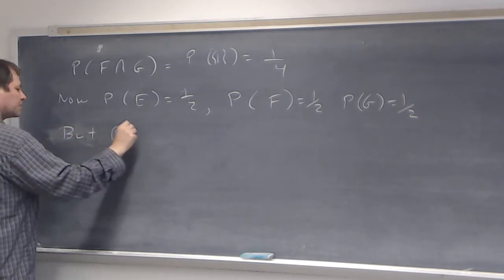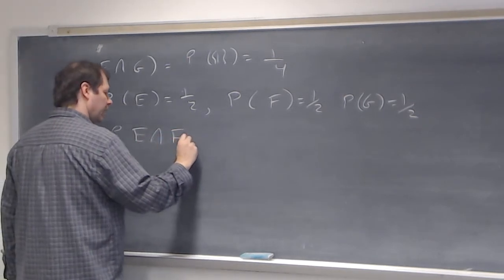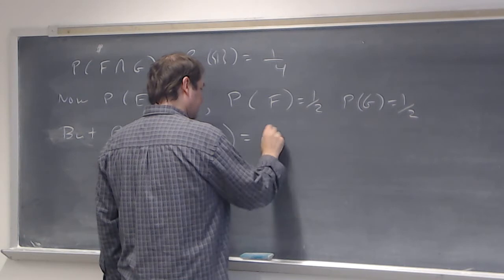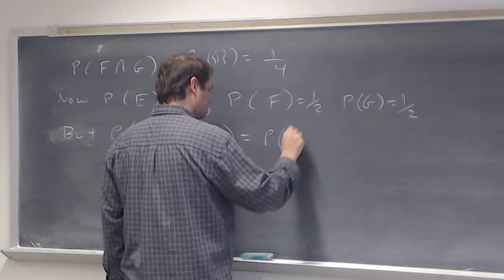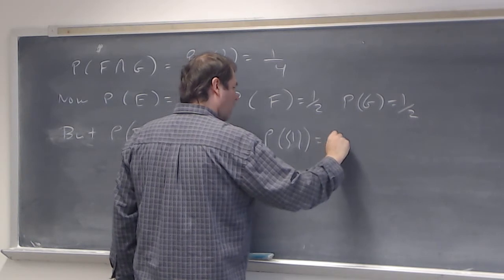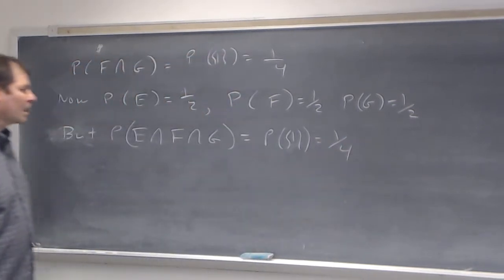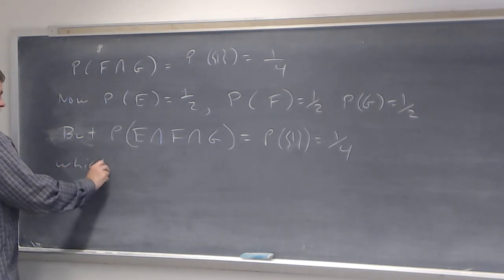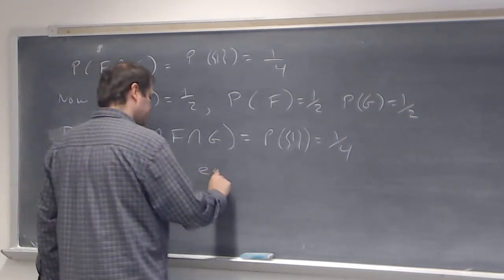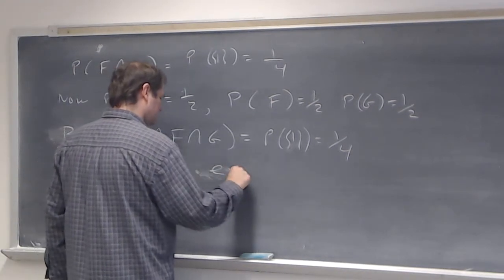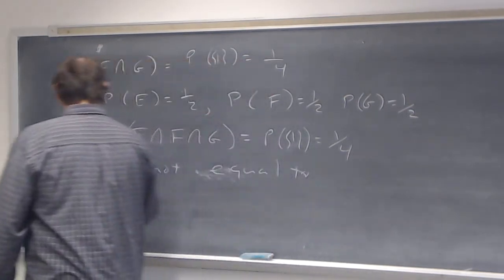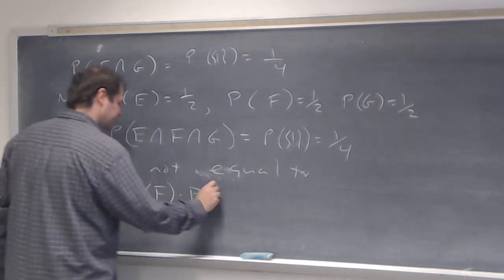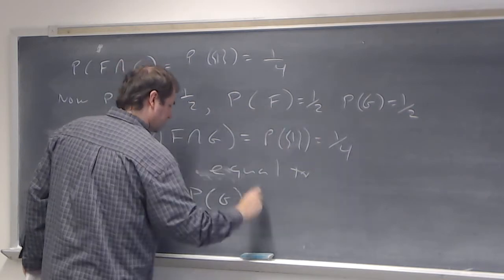But if you look at the probability of E intersect F intersect G, that's equal to the probability that you got the 1 ball, which is equal to 1/4, which is not equal to the probability of E times the probability of F times the probability of G, which is 1/2 times 1/2 times 1/2, 1/8.